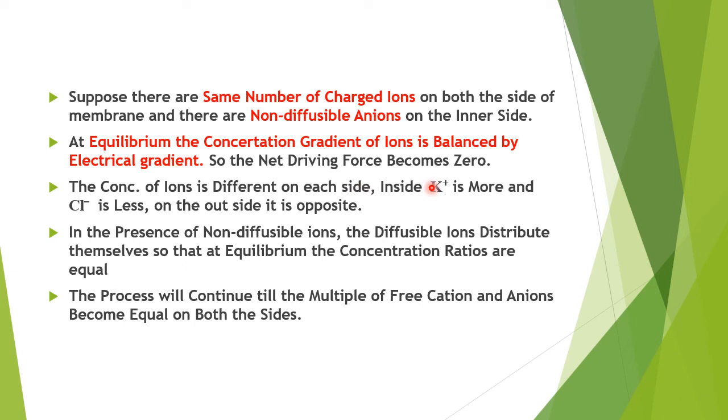Inside, potassium is more and chloride is less. On the outside, it is opposite. In the presence of non-diffusible ions, which are also called fixed ions, which can be proteins, the diffusible ions distribute themselves so that at equilibrium the concentration ratios are equal. The process will continue till the multiple of free cations and anions become equal on both sides.